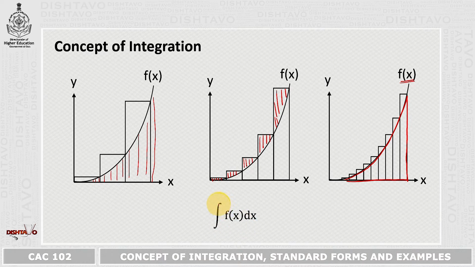And whenever you put this integral sign, you have to put this dx along with that sign. So if I want to find the area under the curve, we require the integral of that curve f of x, which will give me the final value.